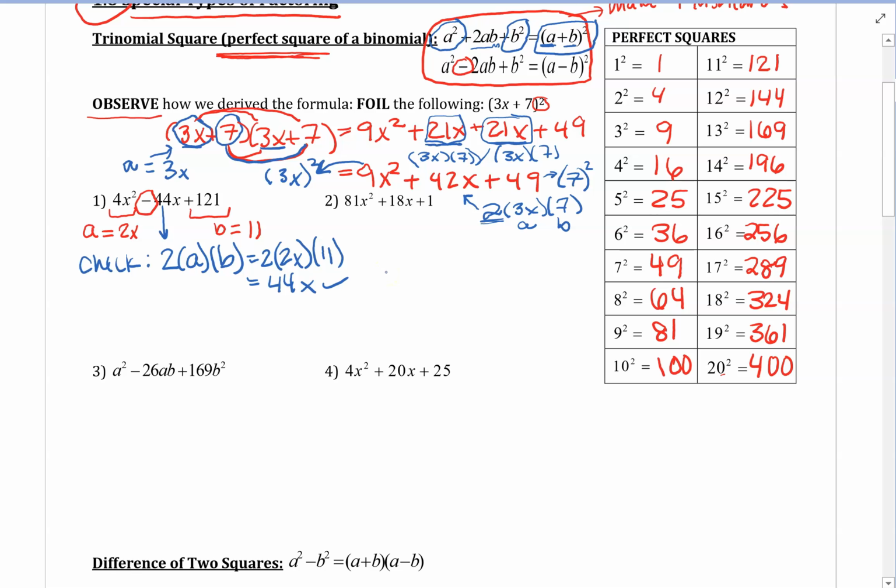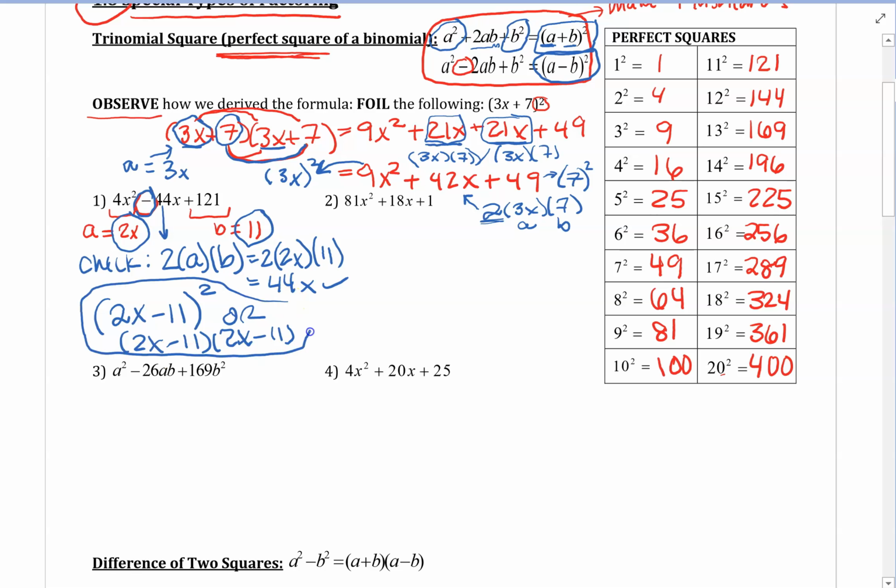So yes, if the middle term is in fact 2 times the square root of the first times the square root of the last, this is a perfect square trinomial. You just have to recognize, though, that it's a minus, so it's going to use this version, a minus b squared. We already decided a was 2x, b was 11. So the answer for this is 2x minus 11 squared. Or you can write that out as 2x minus 11 times itself.